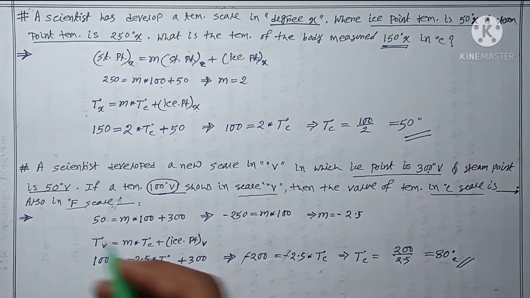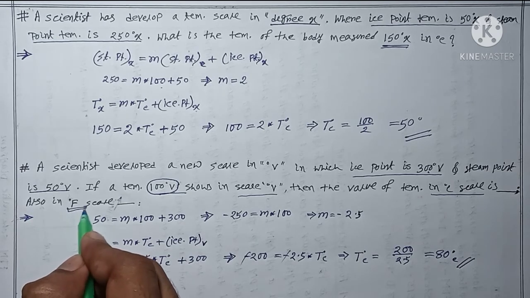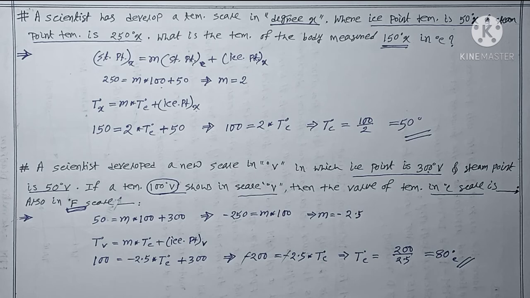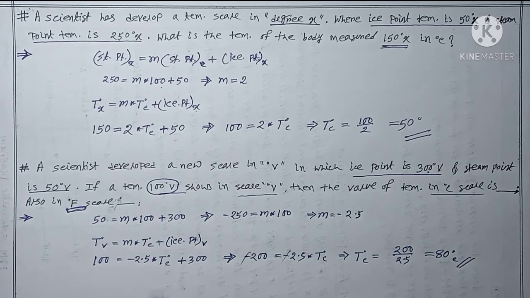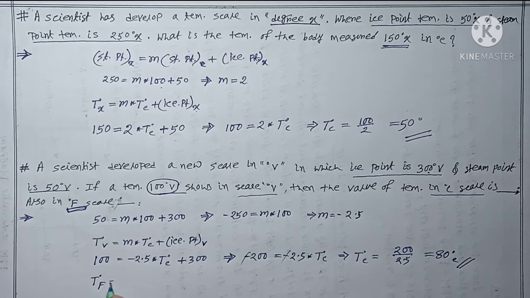Now this one is the one answer. We have to find the same temperature in Fahrenheit scale also. There is no need to remember any other relation to convert V directly into Fahrenheit scale. Whatever temperature you get in degree Celsius scale, we can convert this Celsius scale into Fahrenheit scale. For this we know the relation that T degree Fahrenheit is equal to 9 by 5 into the temperature in Celsius scale plus 32.